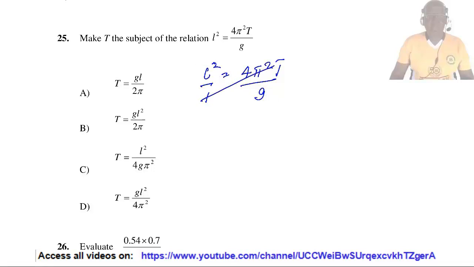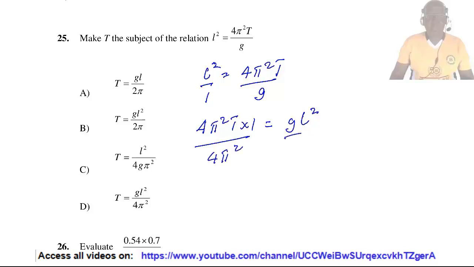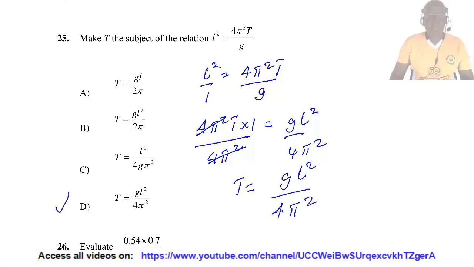So 4 pi squared T times 1 is equal to J times L squared. Now we shall divide through by 4 pi squared, and this will cancel this. So we shall be left with T equal to J L squared divided by 4 pi squared, which equals D.